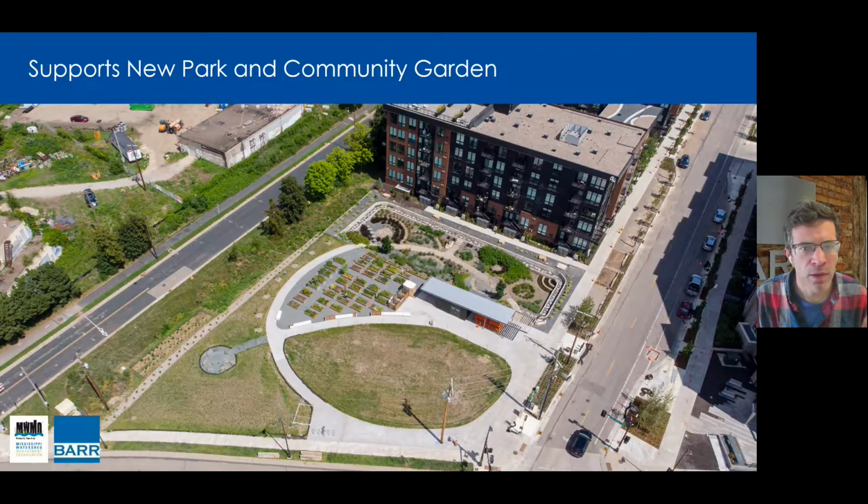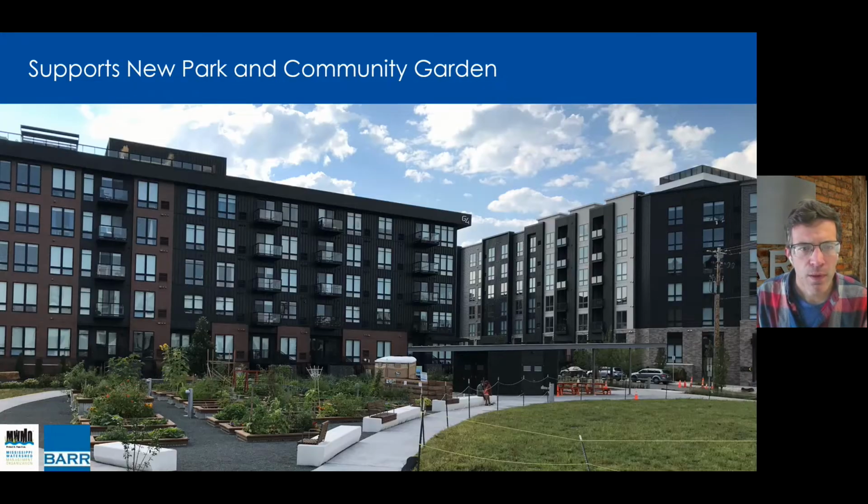And I mentioned it supports a new City of Minneapolis park, as well as a community garden. And there's a photo of the community garden and a structure that was built in the park that not only provides shelter for picnickers and community gardeners, it also houses the stormwater reuse treatment system.